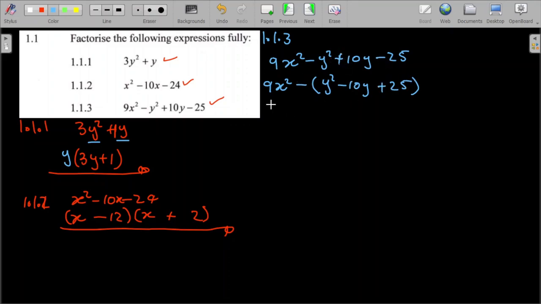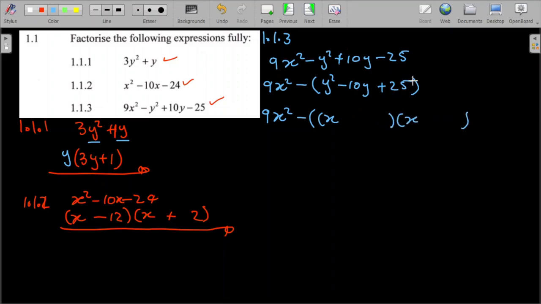From here, this looks the same or similar, because we're going to use the same method that we used at the top. So now, factorizing there is going to be x and another x.